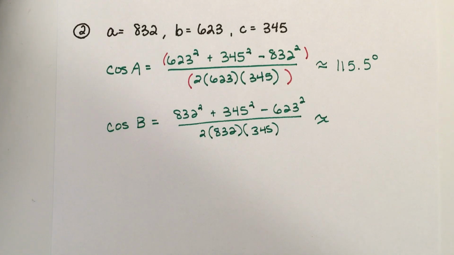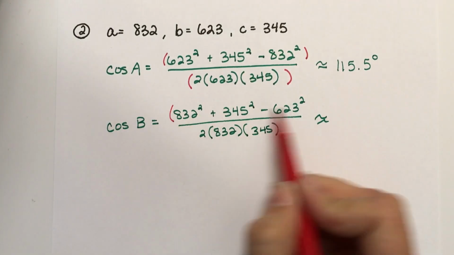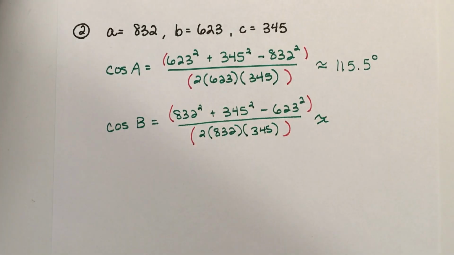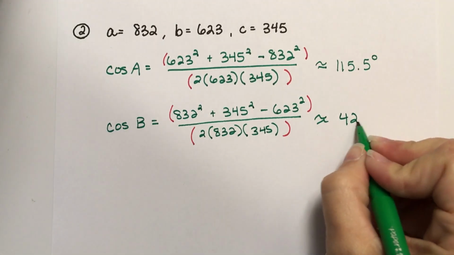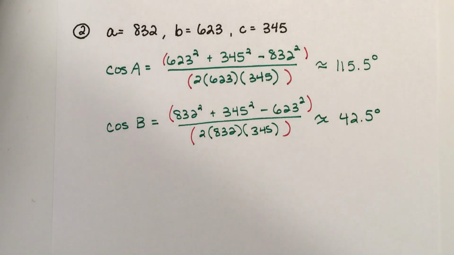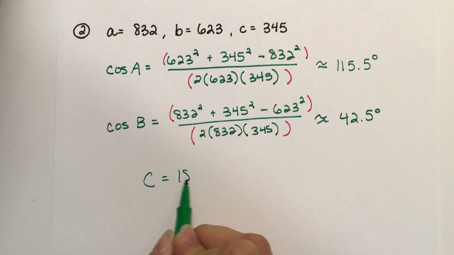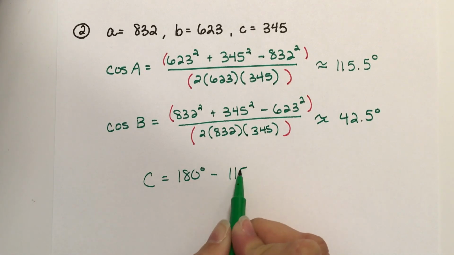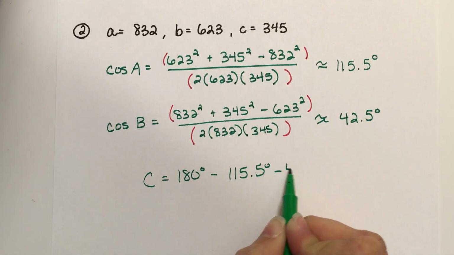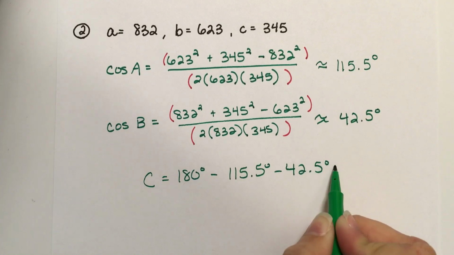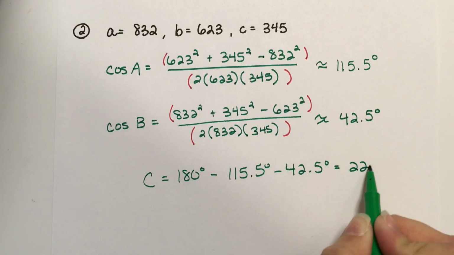And again, don't forget second cosine to start out with. And again, you've got to have these extra sets of parentheses. So that's going to give you approximately 42.5. And then to get the third angle, you can just use subtraction. So that's going to come out to be 22 degrees.